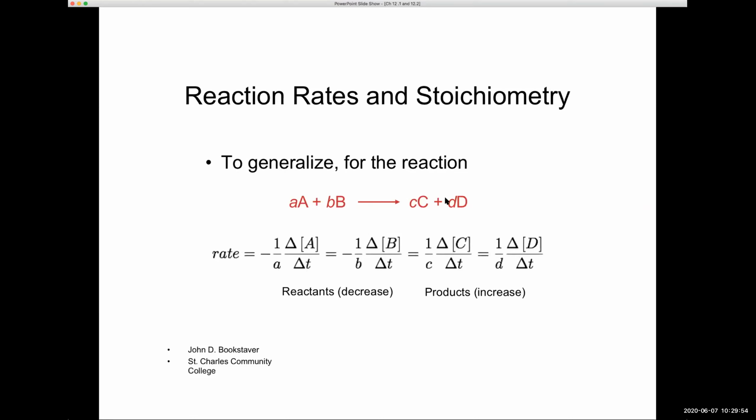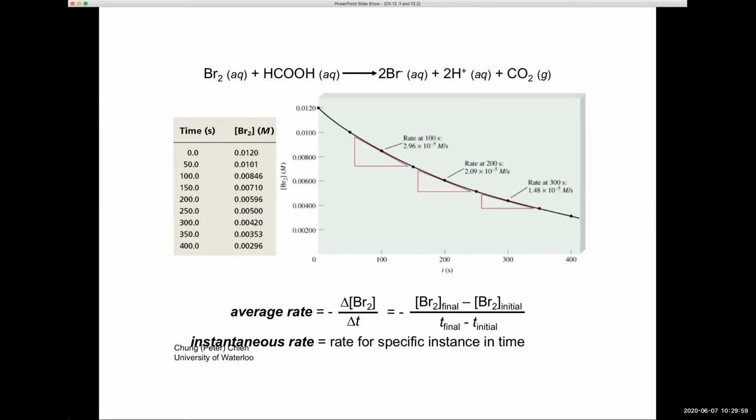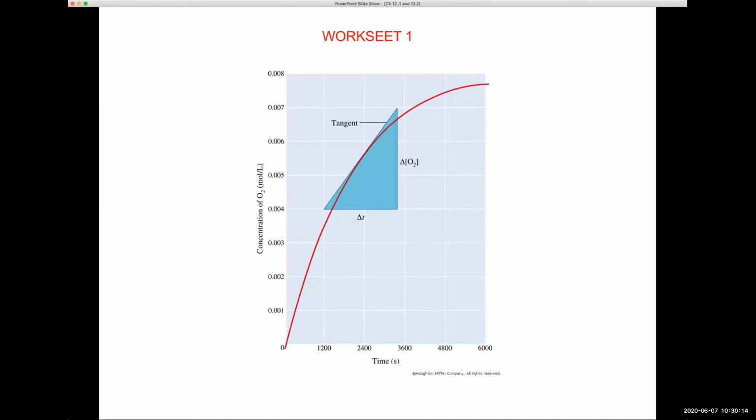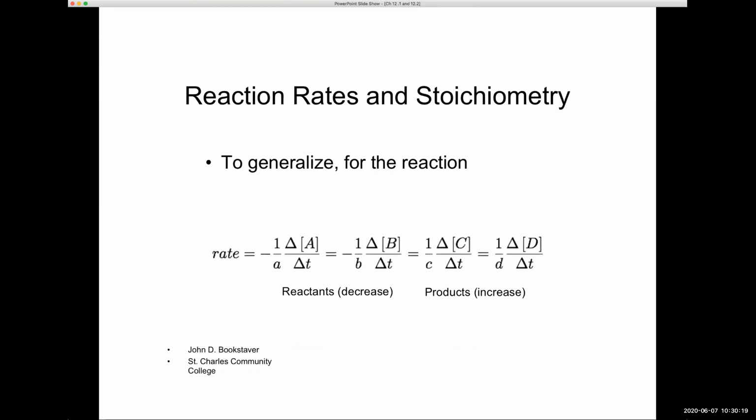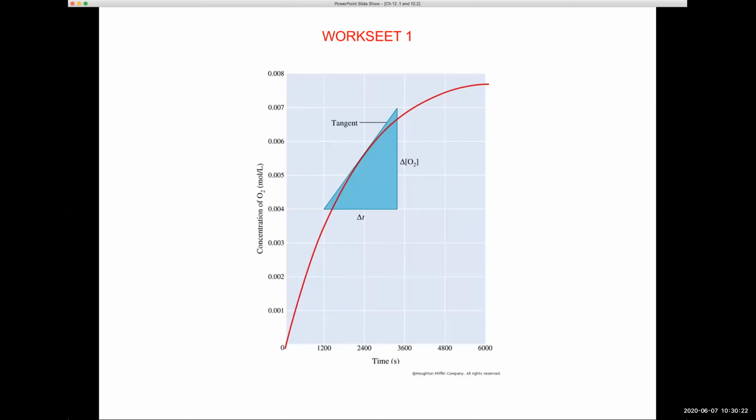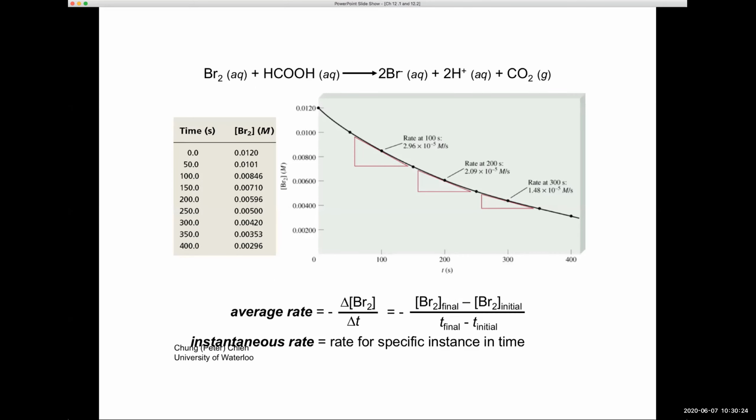So if we go back to this reaction, we had bromine reacting with acetic acid going to bromide. Let me switch to my notepad here.